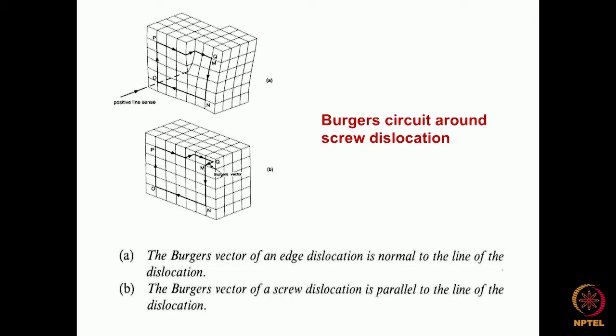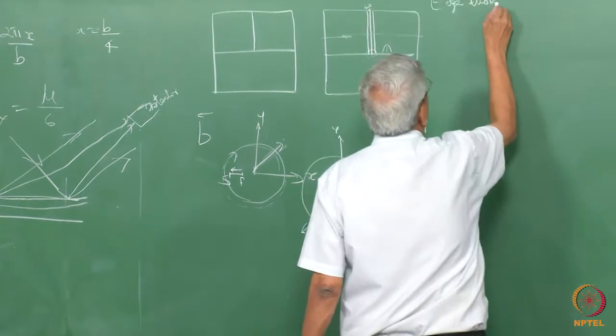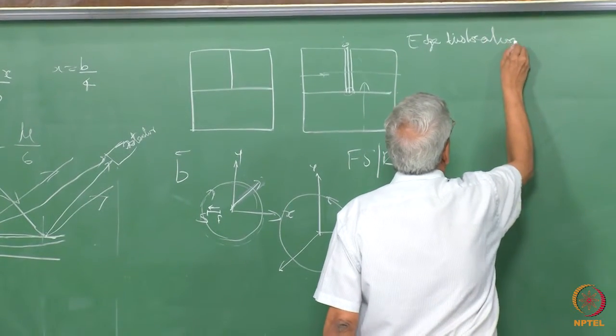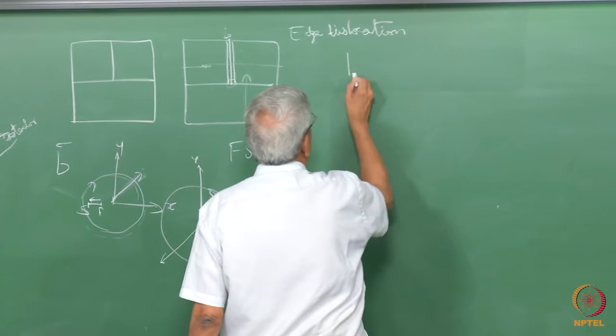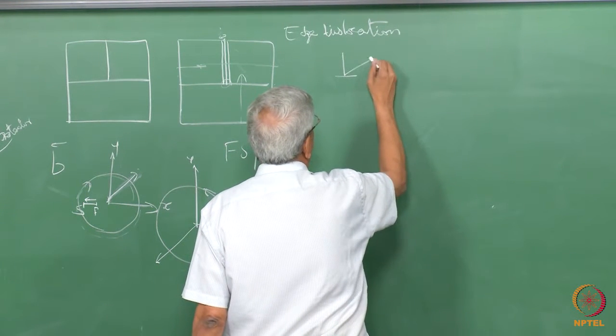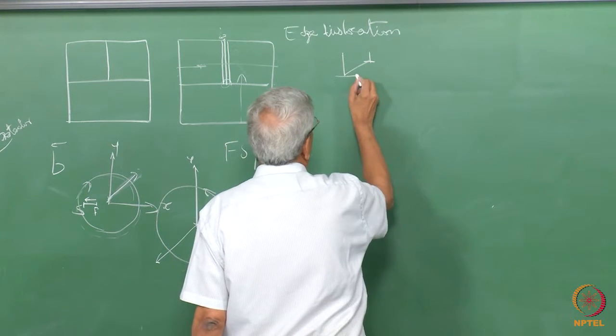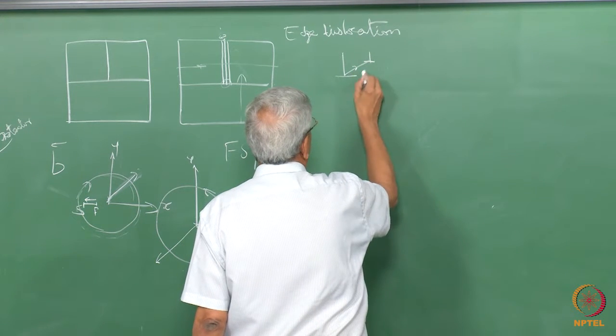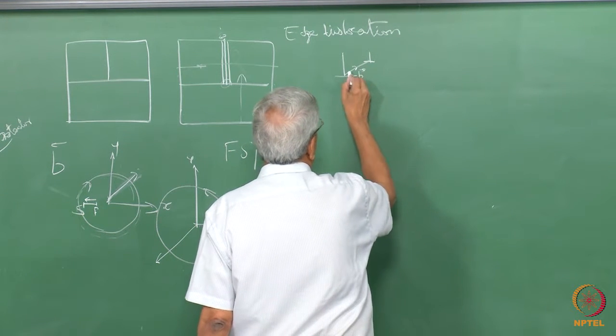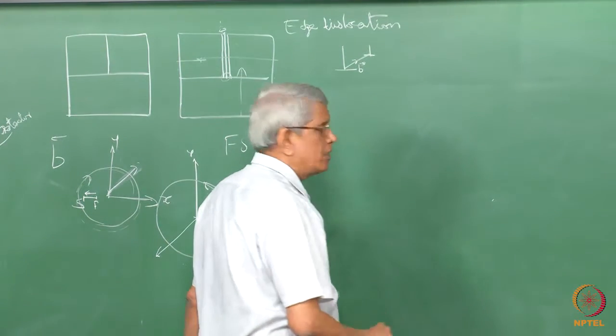Is it clear? So what is essentially important is that in the case of an edge dislocation, if this is the line direction of the dislocation, and this is the Burgers vector.